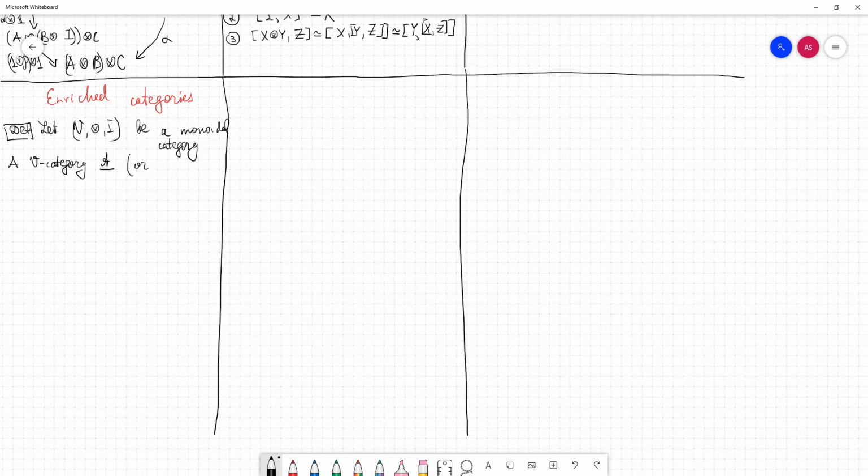So we call A underline a category enriched in V, or just a V-category.